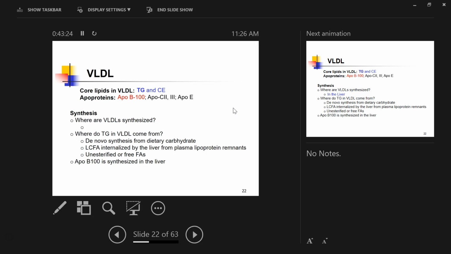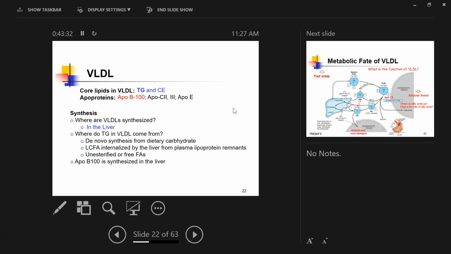So synthesis, where is VLDL synthesized? In the liver, right? So the liver synthesizes VLDL basically. And where does triglyceride in VLDL come from? We have 3 points for this. First is actually de novo synthesis from dietary carbohydrate.